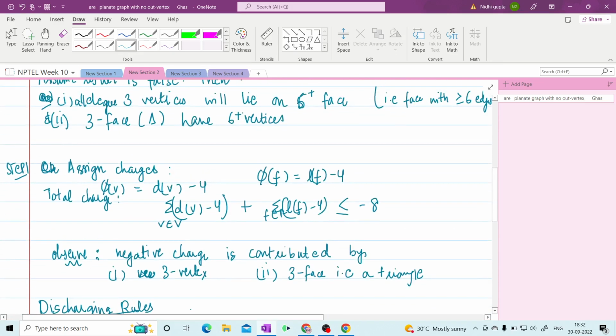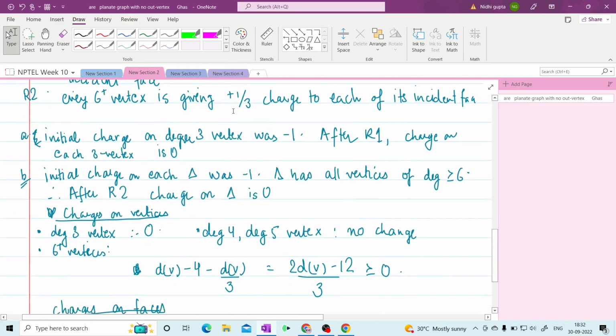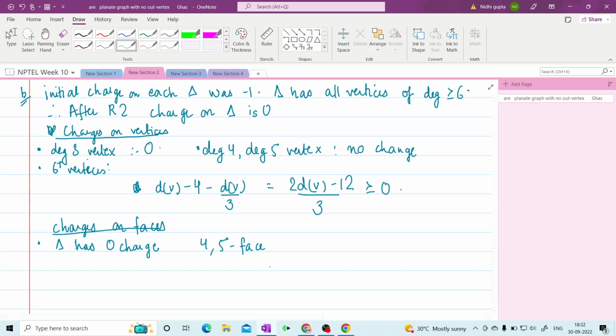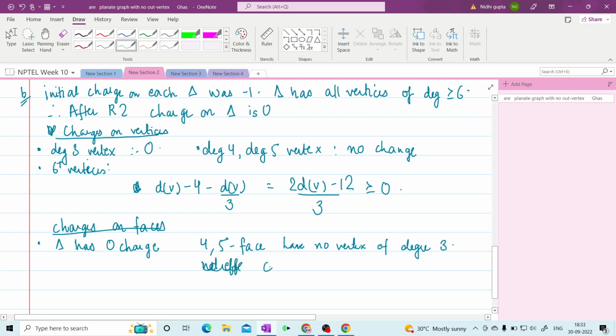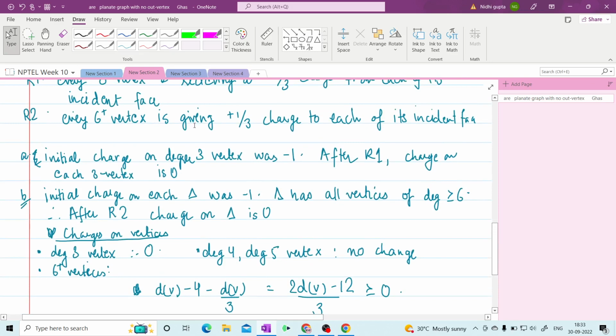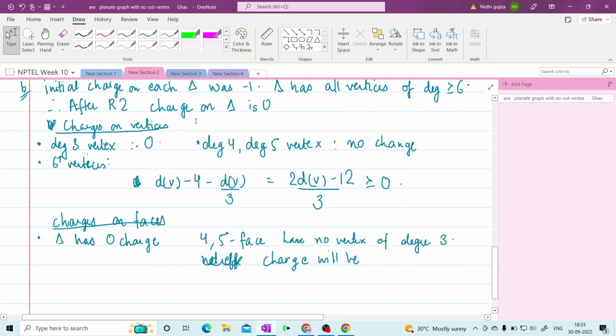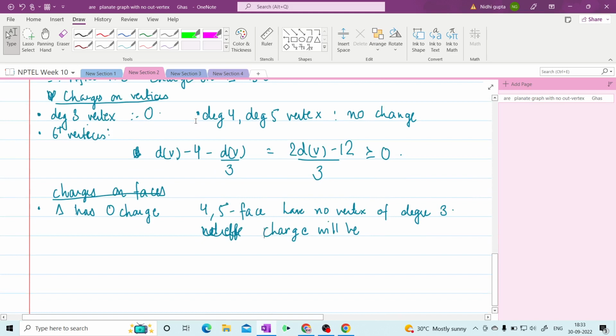But our second assumption was that all degree 3 vertices are lying on 6 plus faces. So the faces of length 4 and 5 have no vertex of degree 3. So net effect, their charge will be non-negative because it is already non-negative, and they might be receiving some charge from R2, but since we are adding a non-negative number to a non-negative charge, it will remain non-negative.